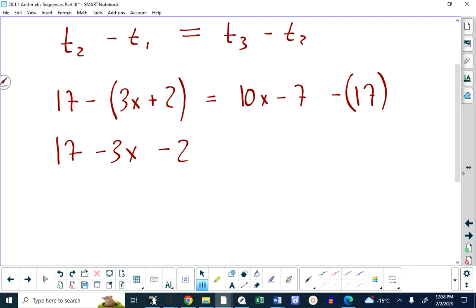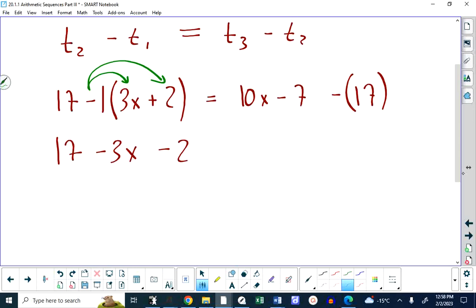How many of you were taught remove the brackets and change the sign on everything inside the brackets? How many of you were taught imagine there's a 1 here and multiply that negative 1 by the 3x and by the 2? Okay. There's all kinds of ways you can handle it.